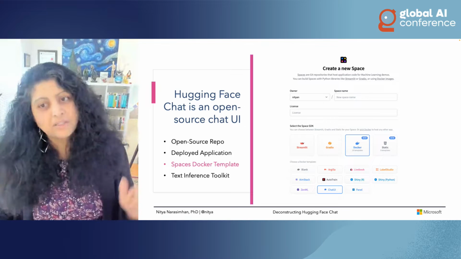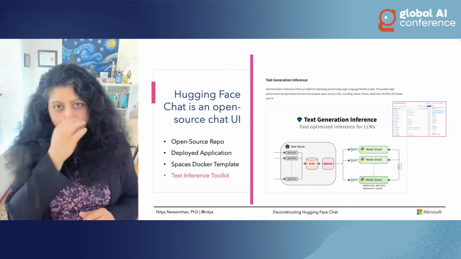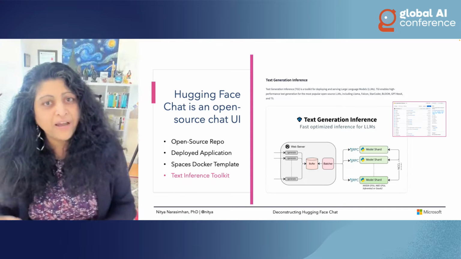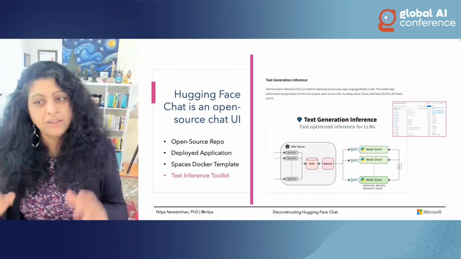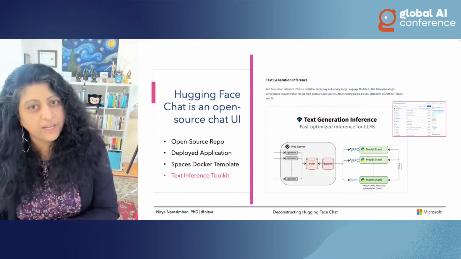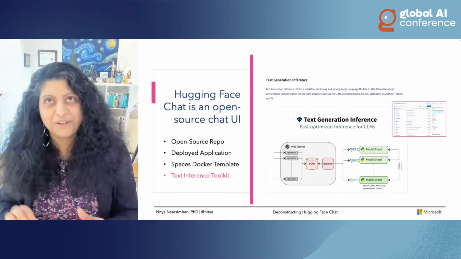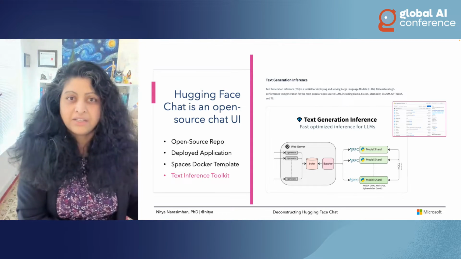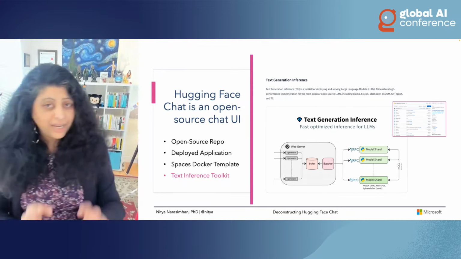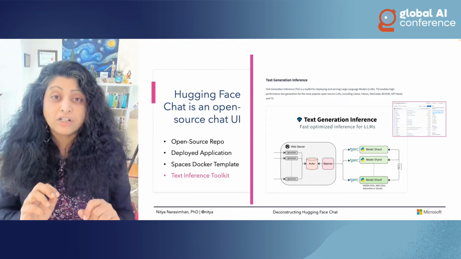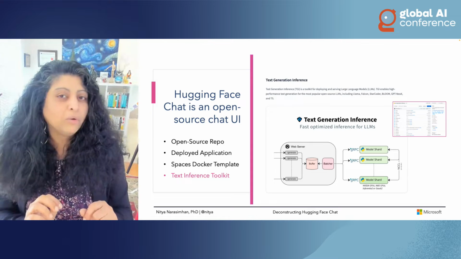But under the covers, the fourth component of this open source example, or this kind of solution, is the fact that Hugging Face has a very well-known text generation inference server that it provides, and there is both a free tier and a paid tier, I should say. That is the backing server for this chat UI. So in other words, you can take this open source project, configure the models you want, set it up with the token for your application.